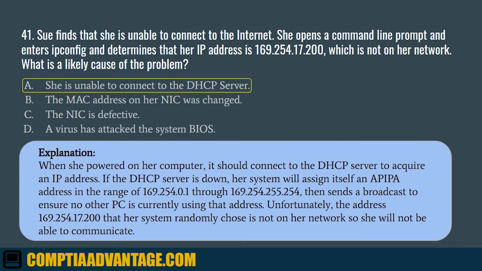Then it sends a broadcast to ensure no other PC is currently using that address. Unfortunately, the address 169.254.17.200 that her system randomly chose is not on her network, so she will not be able to communicate.